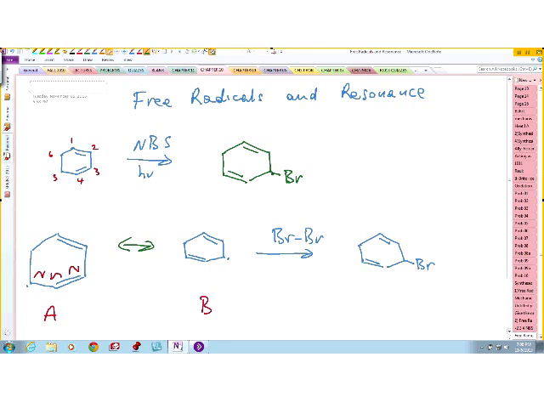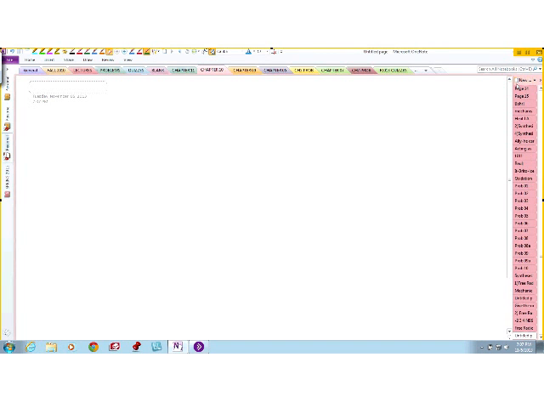Now, what that's also going to show you is that whenever you have a free radical, if it is possible for the free radical to undergo resonance to form a more stable free radical, that will always happen. For example, supposing we have this.